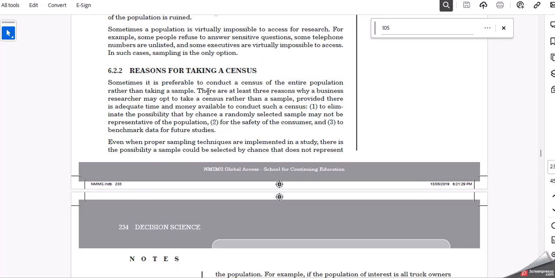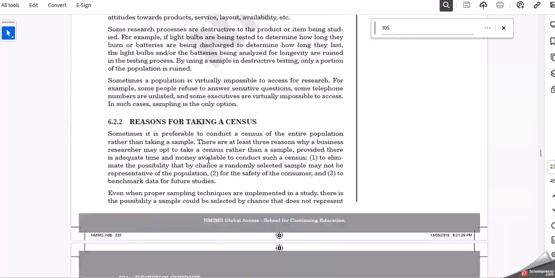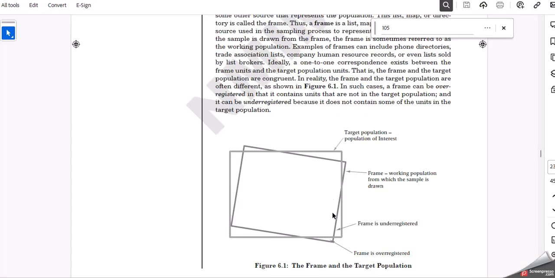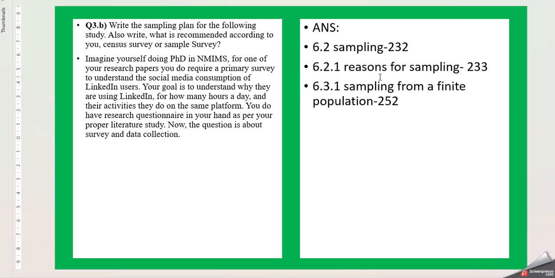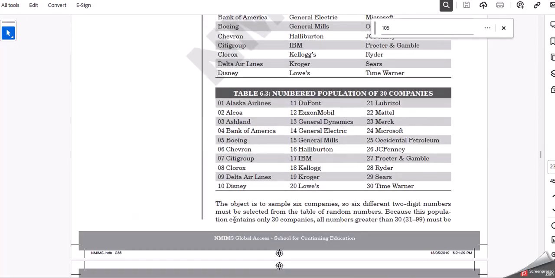What are the reasons for taking a census and what are the reasons for sampling. Then you can justify your answer. You can select either census or sample, and then justify your answer. Reasons for sampling, reasons for a finite population. Again, we can go for random sampling technique.